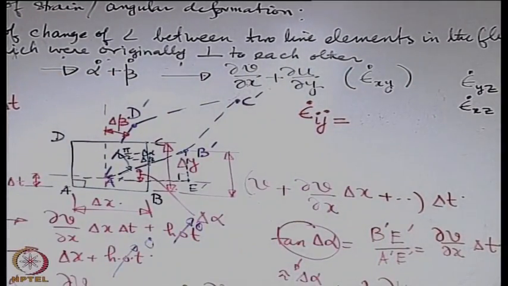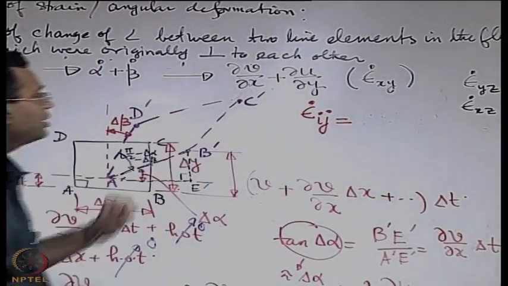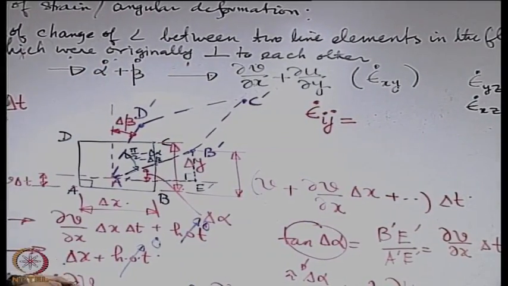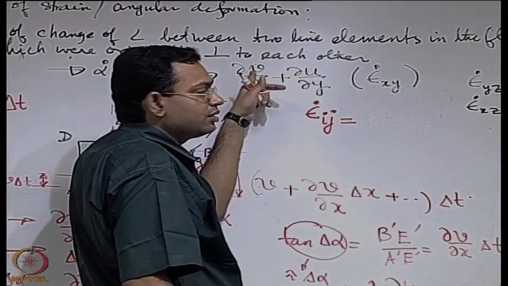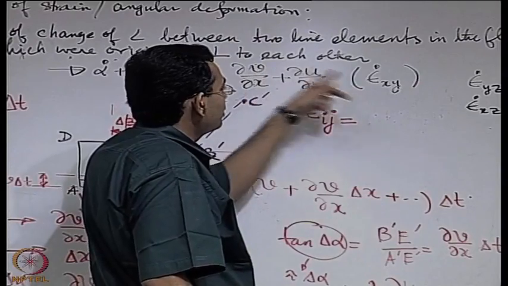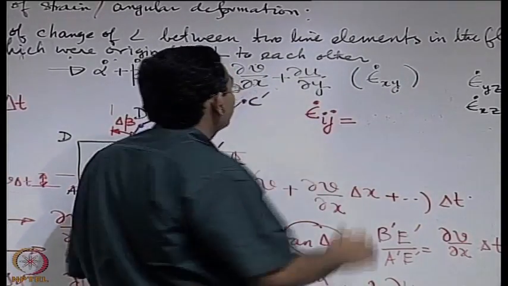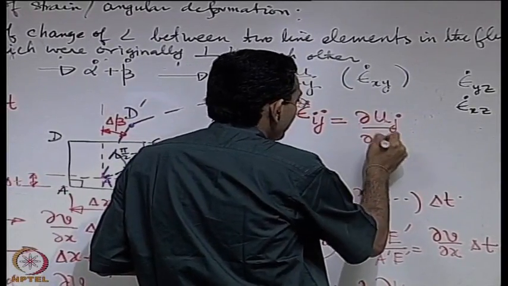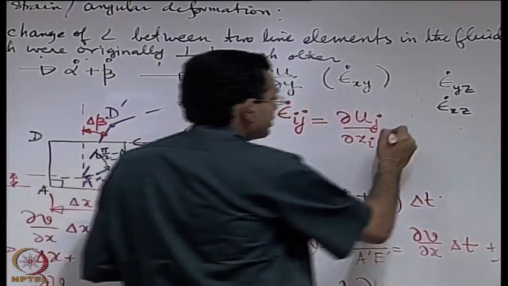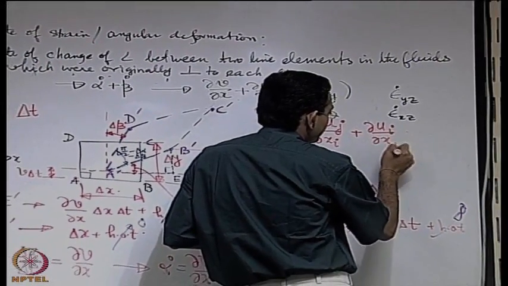Just think in place of x and y, i and j. So what will be this one? So this is the component of velocity along j. So partial derivative of uj with respect to xi plus partial derivative of ui with respect to xj.